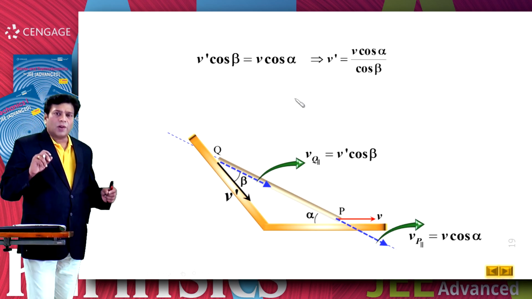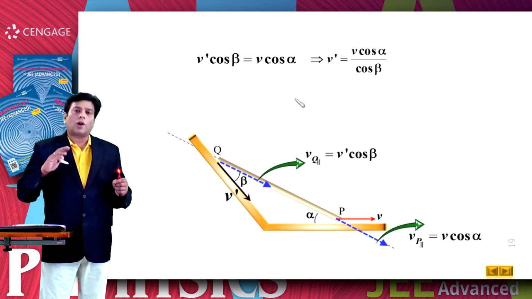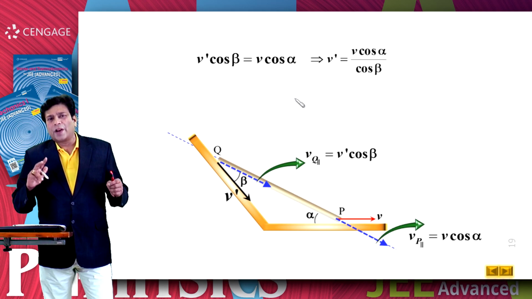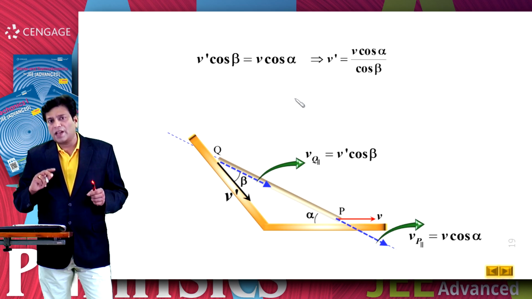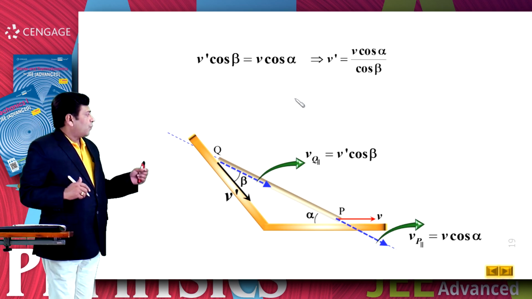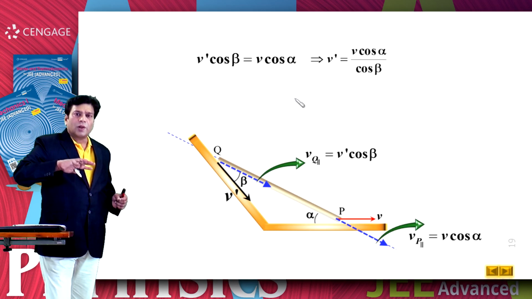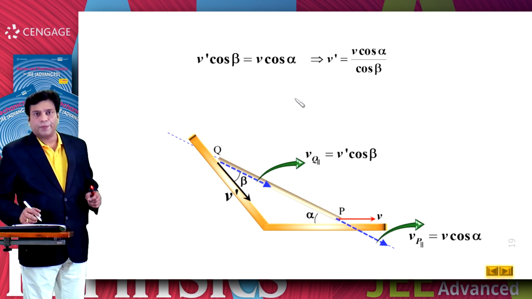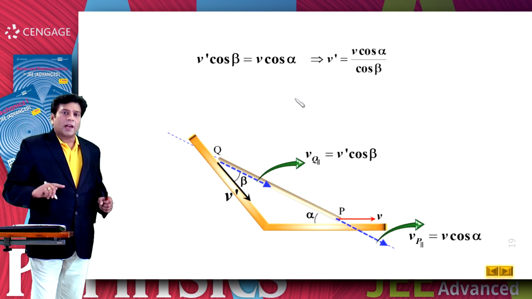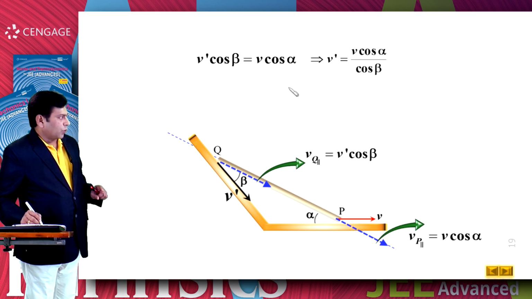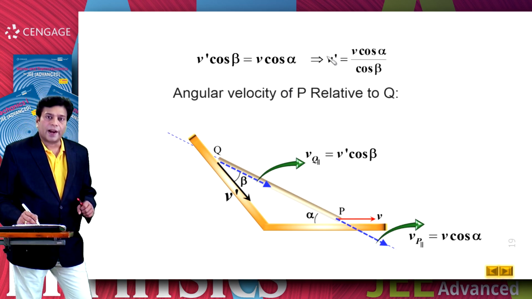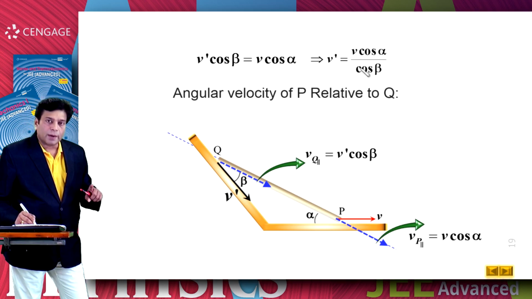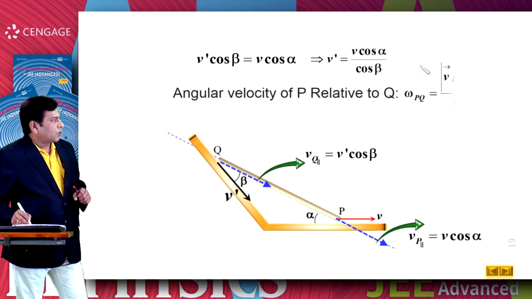We know the angular velocity of the rod or angular velocity of the rigid body is nothing but the relative velocity of any 2 points inside the rigid body. For this purpose, we can take relative velocity of P with respect to Q or relative velocity of Q with respect to P. Let us take relative angular velocity of P with respect to Q, and this expression we can write omega PQ equal to V PQ perpendicular divided by L, and that should be equal to omega.